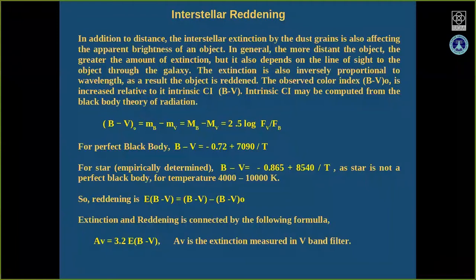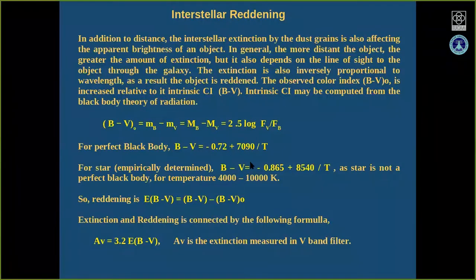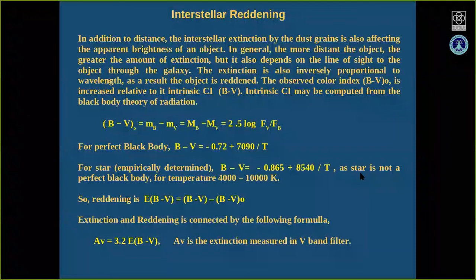So you cannot consider our star as a perfect black body, but you can assume it as a black body up to a certain limit. For a star, you can find out this color index. We calculate this color index empirically. That means determined from the observation as well as theory. So it will be a little bit deviated from the perfect black body. It is like that, right?